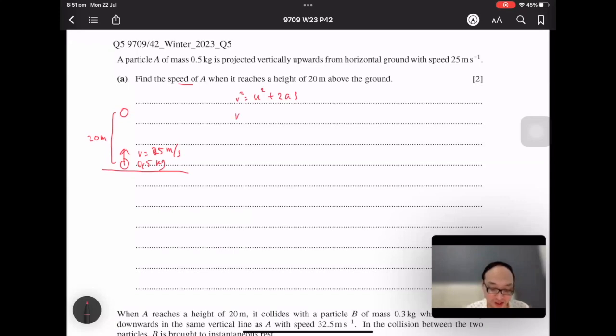So v squared equals 25 squared plus 2 times a, where a is gravity, negative 10, and s is 20. So v will be the square root of 25 squared minus 400, so it is 15 meters per second.